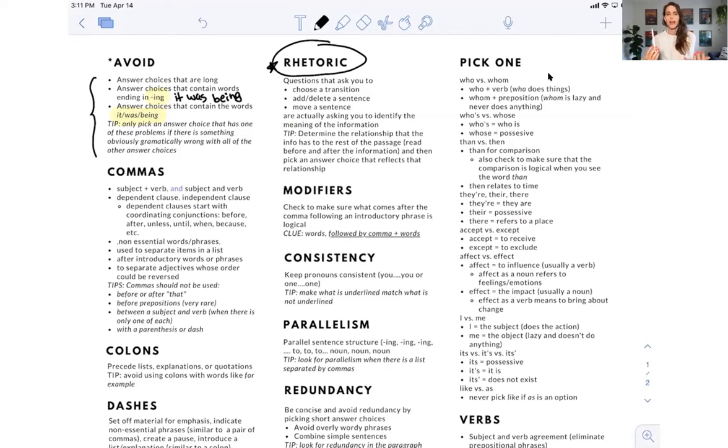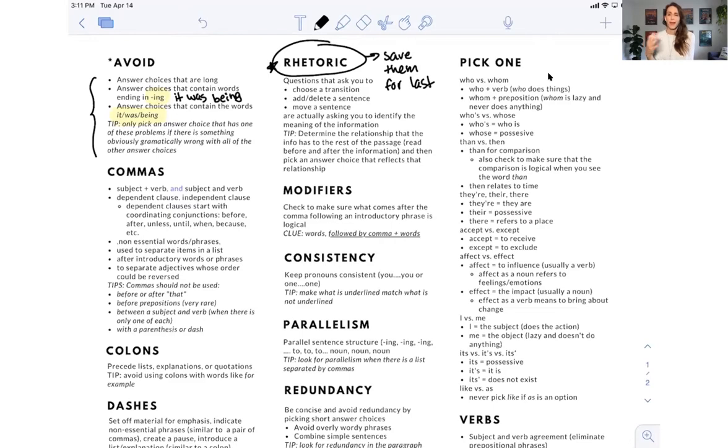Those are ones that ask you to add a sentence, remove a sentence, combine sentences, or where you should place a sentence in the passage. Those can be really challenging because they require that you understand the context for the entire passage. So for these, I usually save them for last.